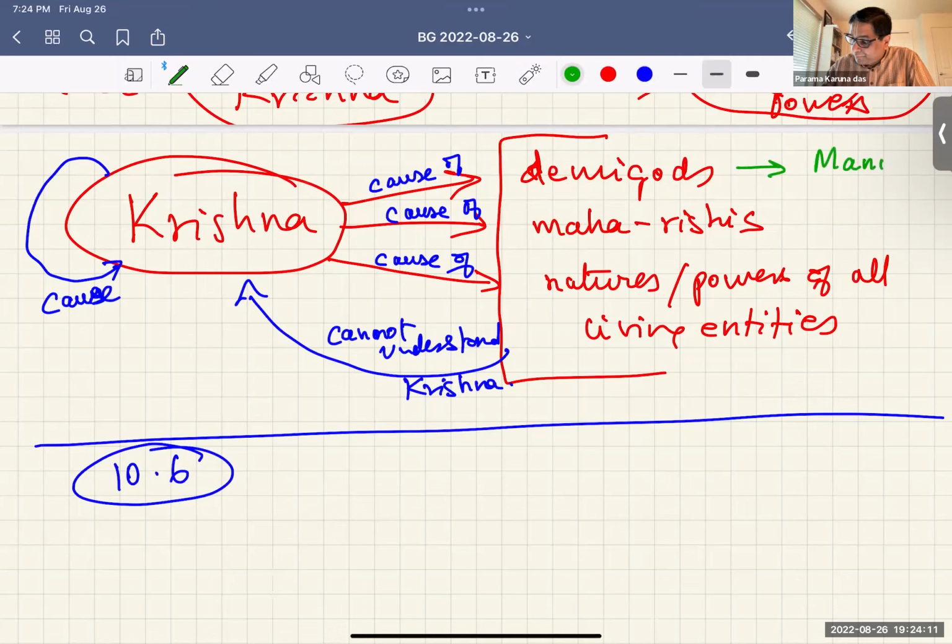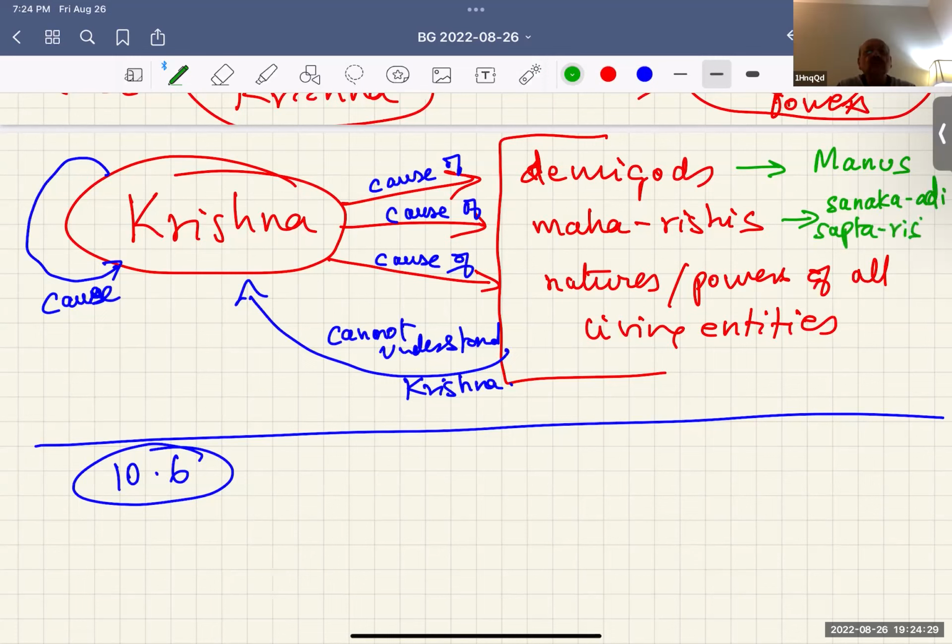The Manus. There are 14 Manus. And there are some maharishis like the Sanak Adi Rishis and the Saptarishis. Correct? And Srila Prabhupada has mentioned this in the purport. So Lord Krishna has said that I am the source of the demigods and the maharishis, for example, these ones.